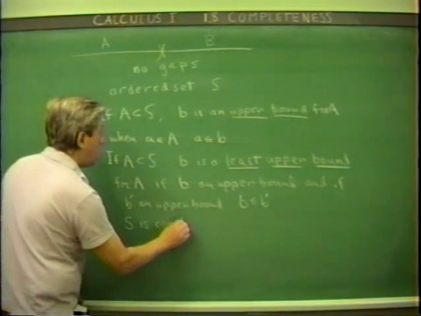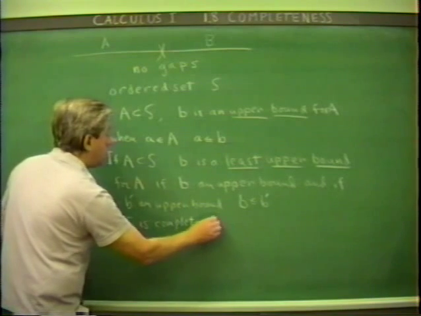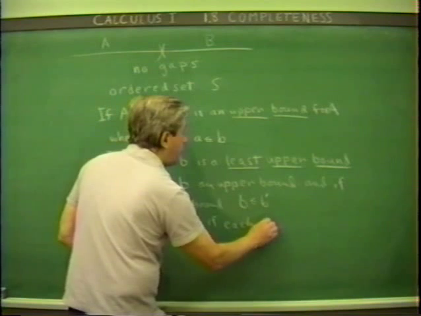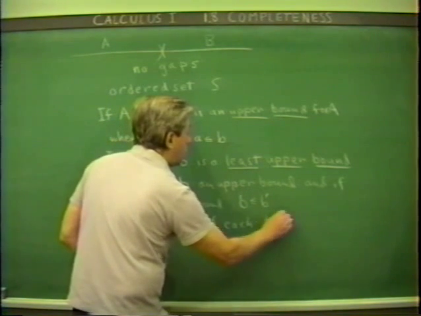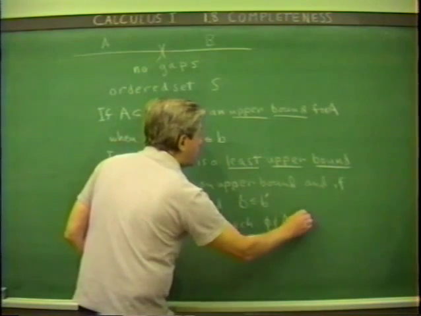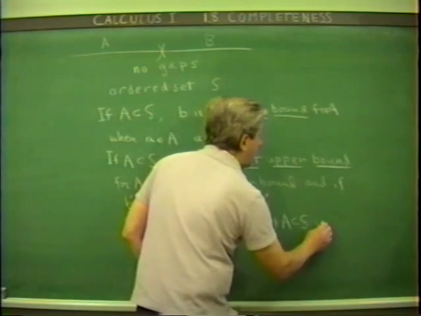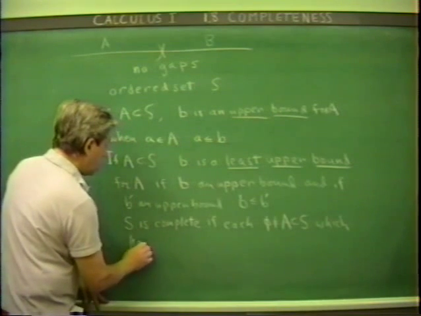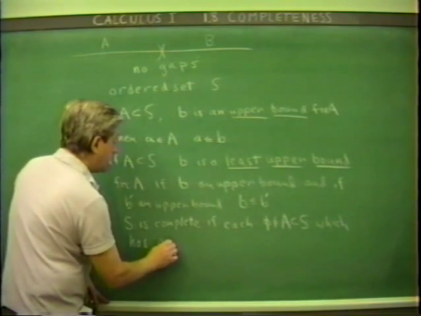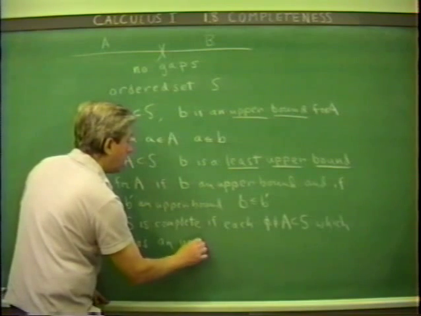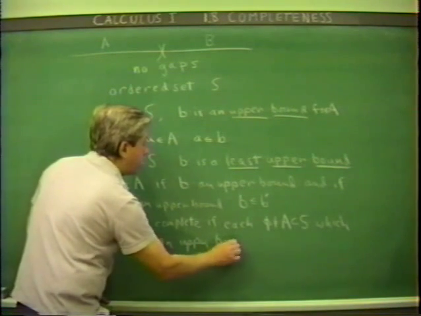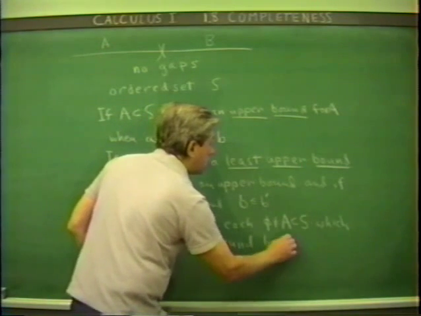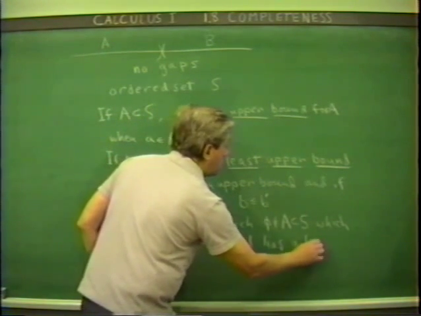S is said to be complete if each non-empty set A contained in S, which has an upper bound, also has a least upper bound.